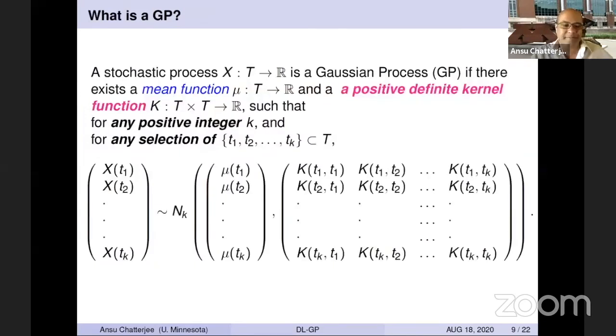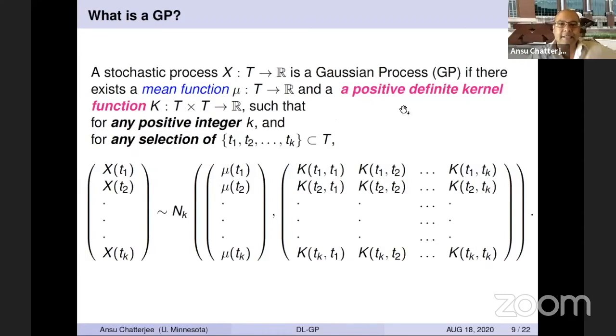So I know there are hundreds of people in the audience, and many of them are students. So let me just do a quick one-slide introduction of what a Gaussian process is. It could be defined over any domain. Think of time as an example, but pick your favorite domain. You could pick any Euclidean space. You could pick any manifold, anything.